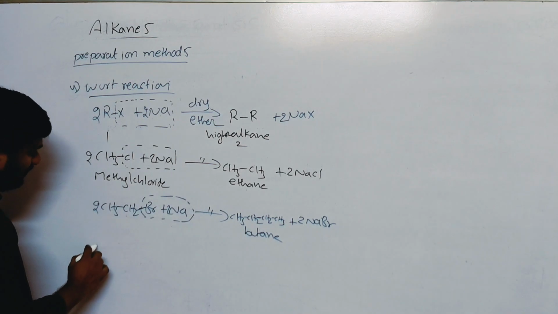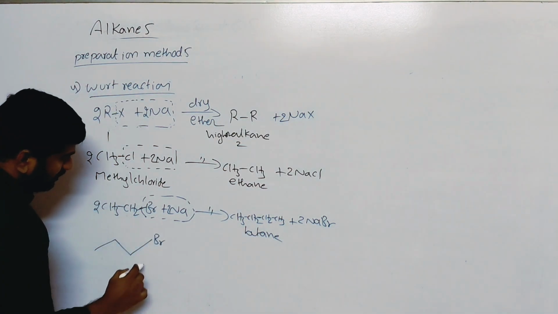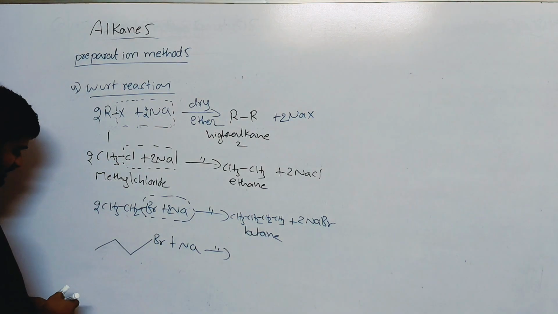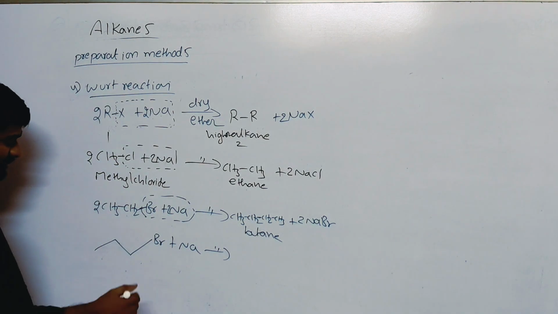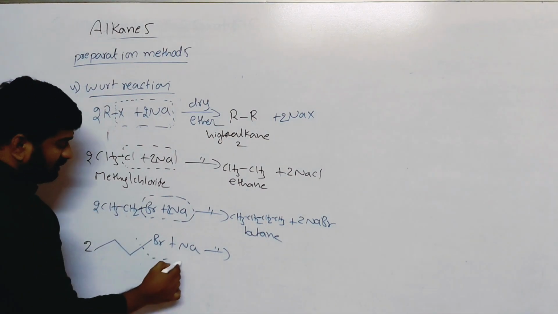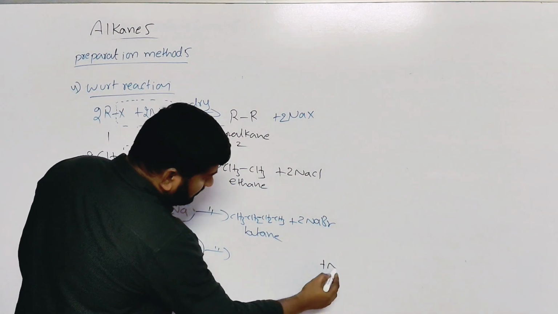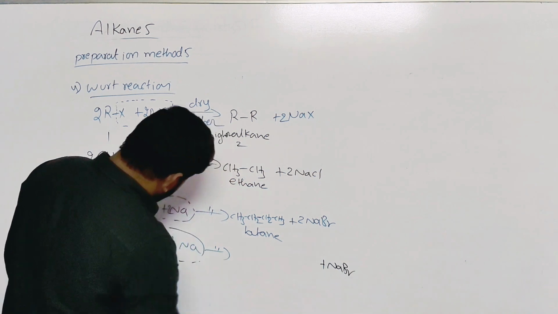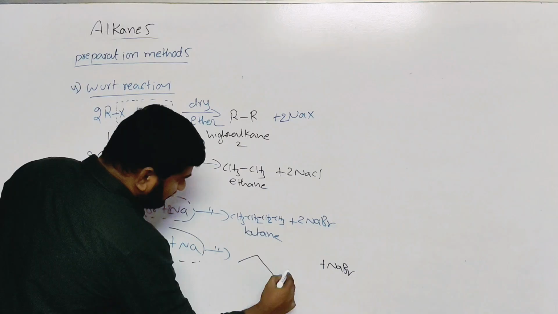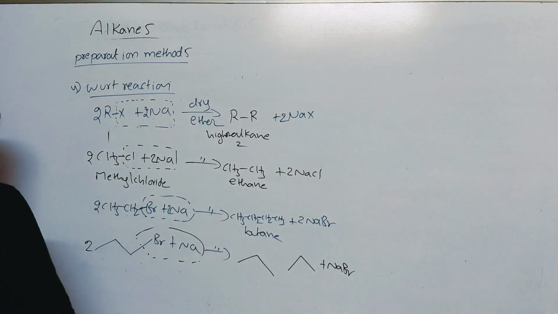Next, if you take for example propyl bromide, the N-propyl bromide, heating with sodium metal. If you take 2 moles, both 2 Br atoms and 2 Na will be removed as 2 moles of NaBr. Then here 3 carbons are there, and here also I write 3 carbons.